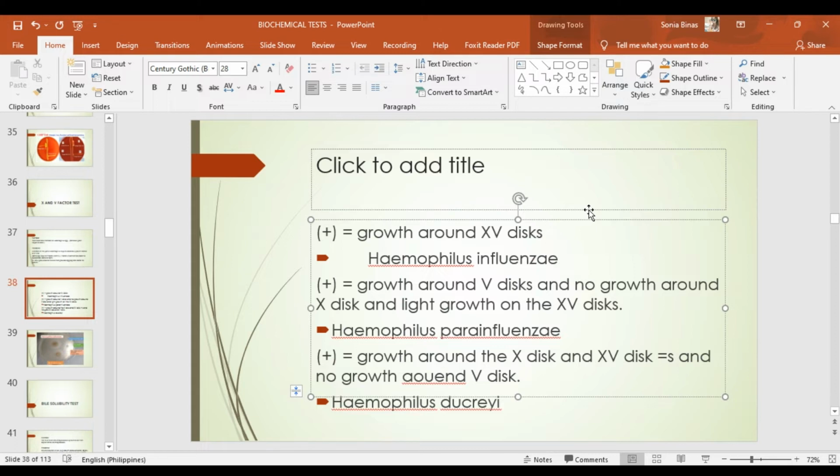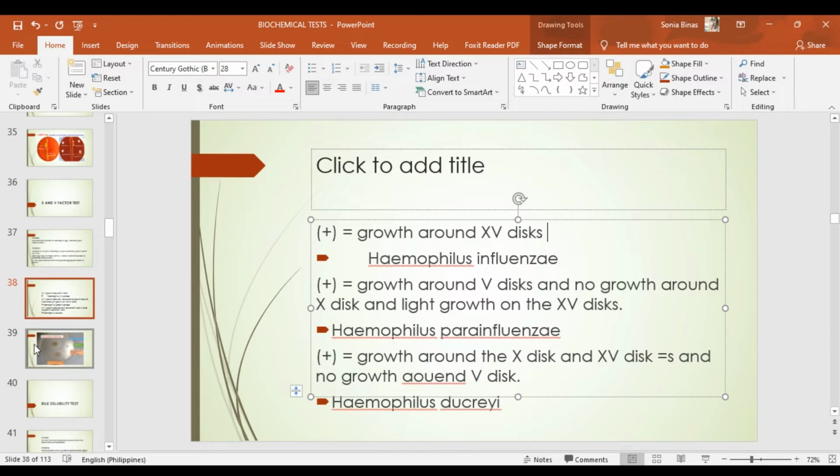Pero kapag meron siyang growth sa ating V disc, wala siyang growth sa ating X disc, but meron siyang light growth sa ating XV disc, it is our Haemophilus parainfluenzae. But if it has no growth or it has rather growth around the X disc and XV discs and no growth around V disc, it is our Haemophilus influenzae.